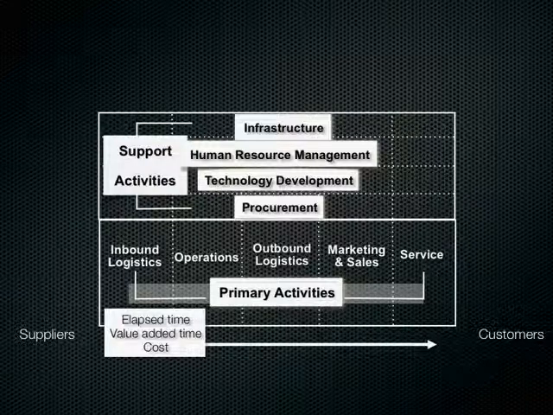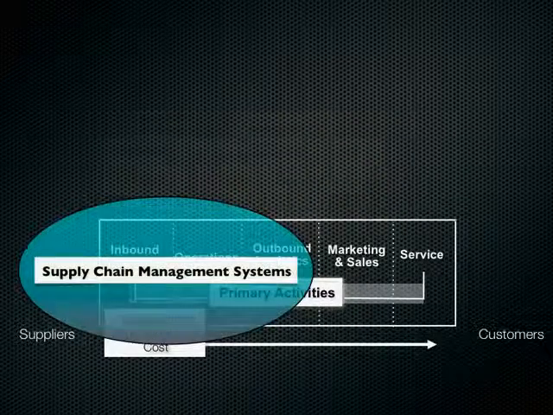As we take a look at the value chain, one of the useful parts of the information systems that support these have to do with particular information systems that cover portions of the value chain. Here we are focusing on the supply chain management system that covers the inbound logistics operations and outbound logistics of a company.